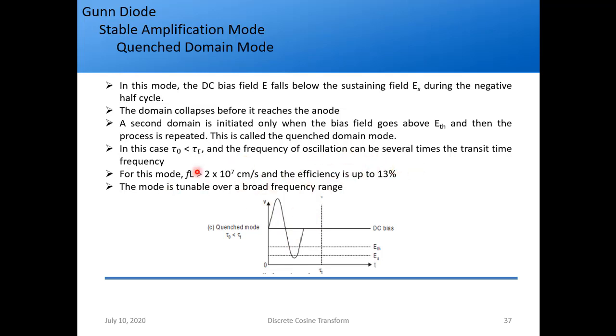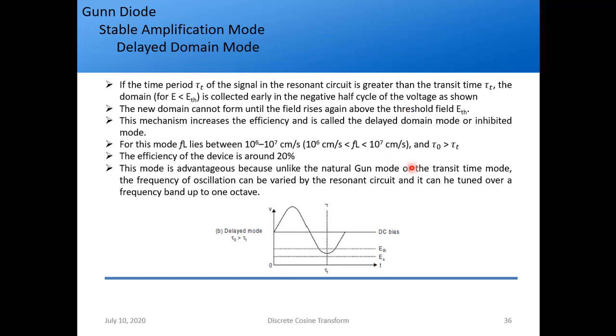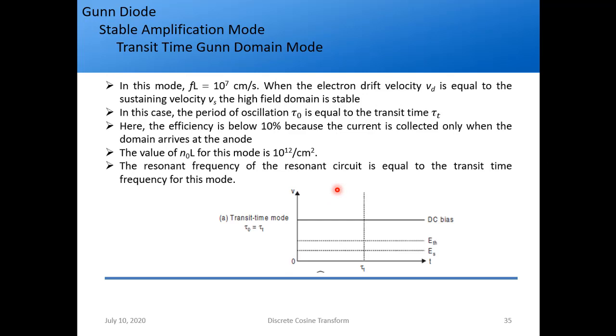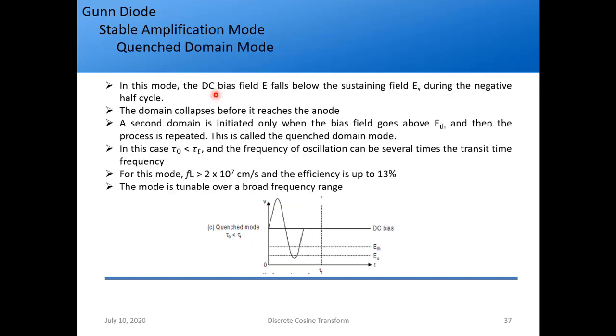It can be tuned over a broad frequency range, meaning we can have a broad bandwidth, whereas the earlier mode has a narrow bandwidth. If we try to increase the efficiency, the bandwidth always suffers. That is the trade-off we have to make between the modes. These are the three modes under the stable amplification mode, where FL will always be 10^7 centimeters per second.